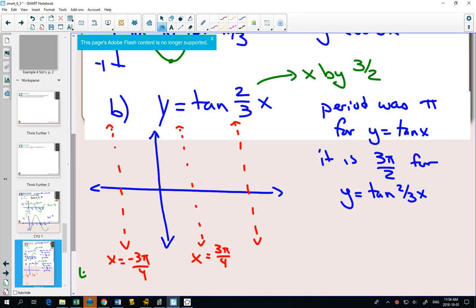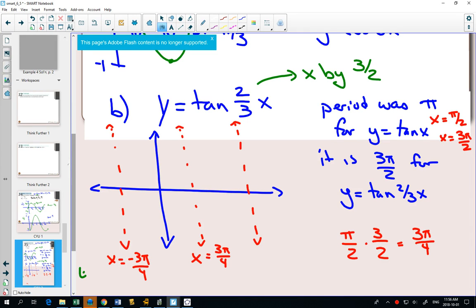So what I did is I took my asymptote. On this one, I have an asymptote at x equals pi/2. Pi/2 times 3/2 is 3 pi/4. My second asymptote on tan x is at 3 pi/2.